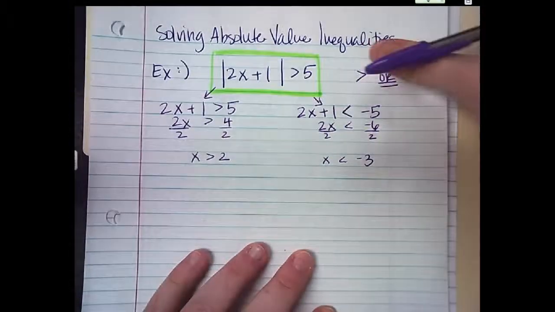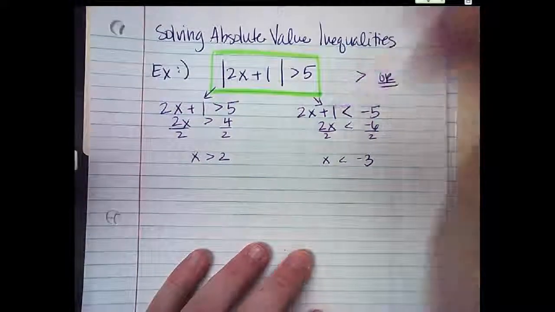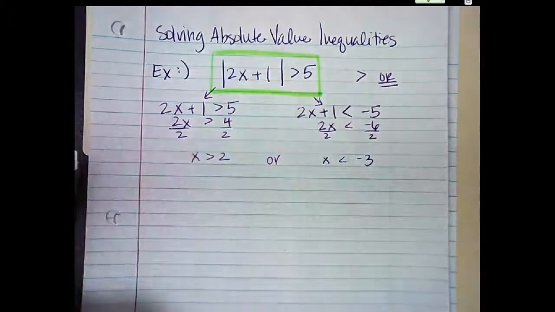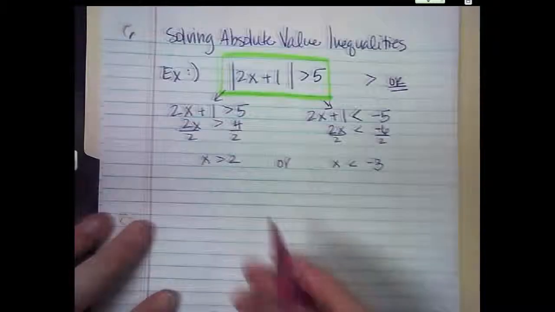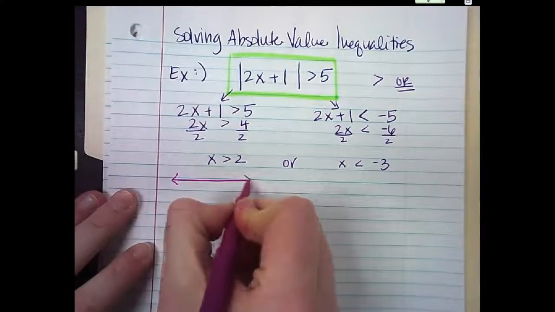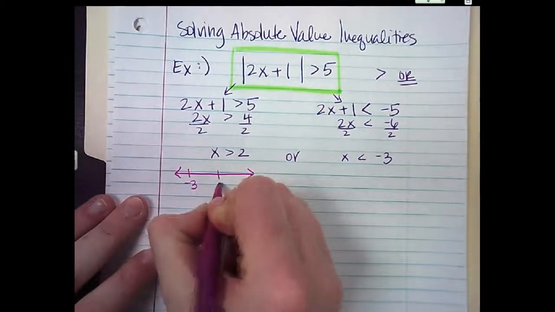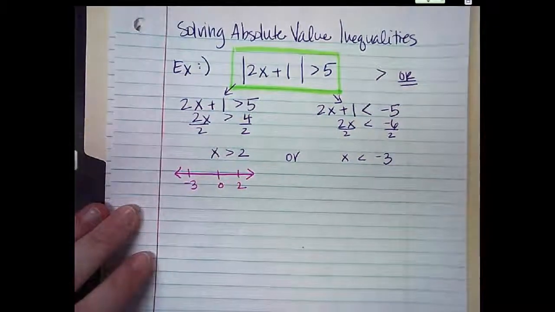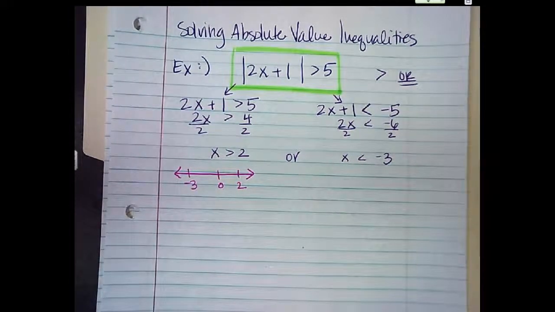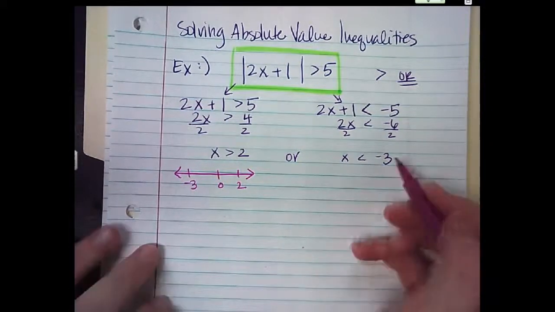Okay, if you don't remember this part, like you don't remember it's an or, it's okay. Just do a little graph. So let's just do a little number line of this and see where our numbers fall. So we have negative 3. I'm going to put 0 on there, and then positive 2. Are they open or closed circles? Open. So negative 3, I'll start over here.